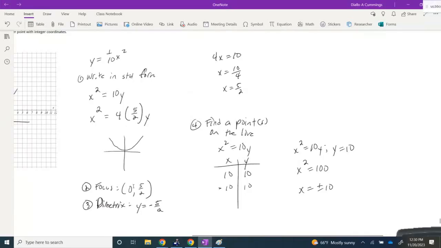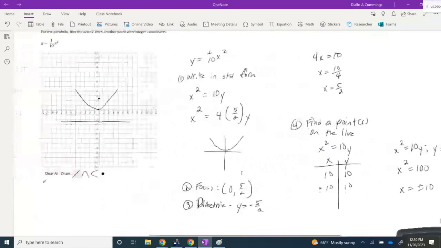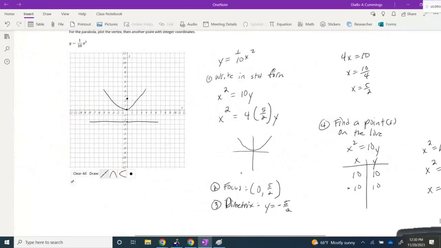We located the right model form, and we were able to write out the focus and the directrix. The next thing we need to do is find a point on the line. So we found 2 points: (10, 10), that would be this point, and then (-10, 10) would be this point. And then our graph is going to look something like this.